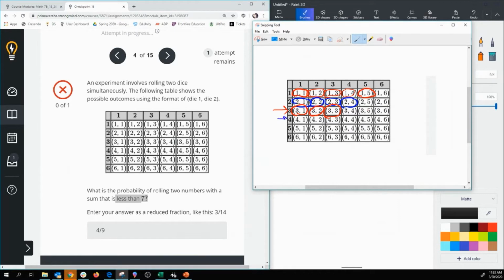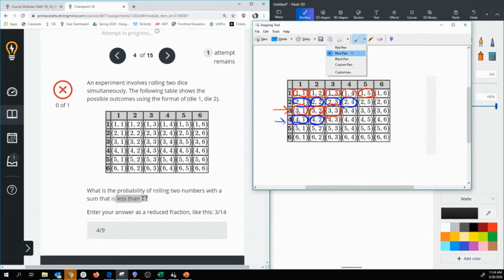What about this row right here with the 4s? What would be the last ordered pair I can include with this row with the 4s? 4 comma 2, perfect. Yep, because 4 plus 2 gives me 6. Remember, 6 is the highest number I can go to.